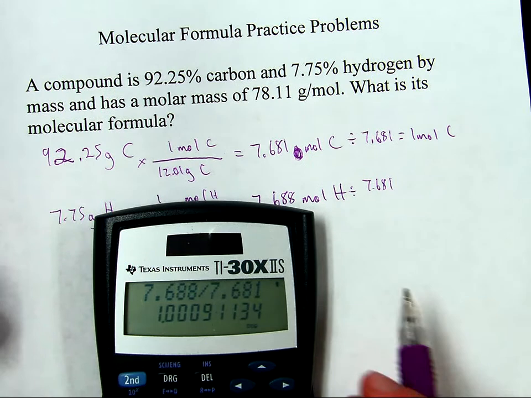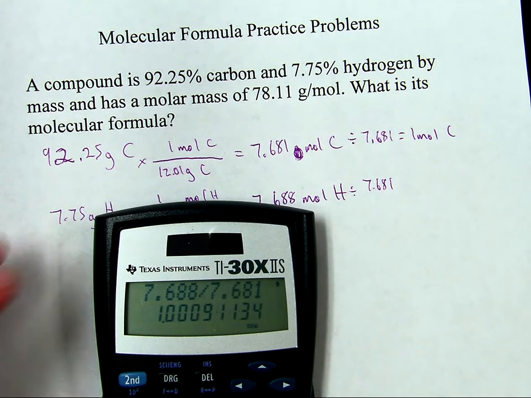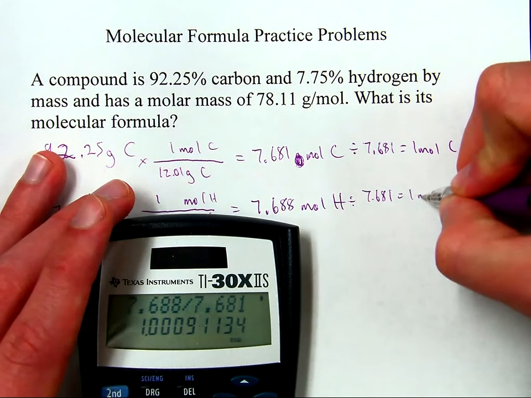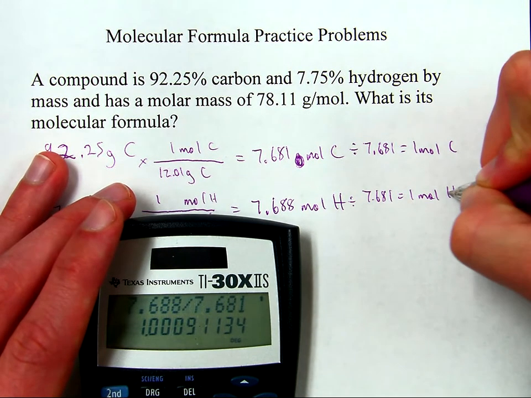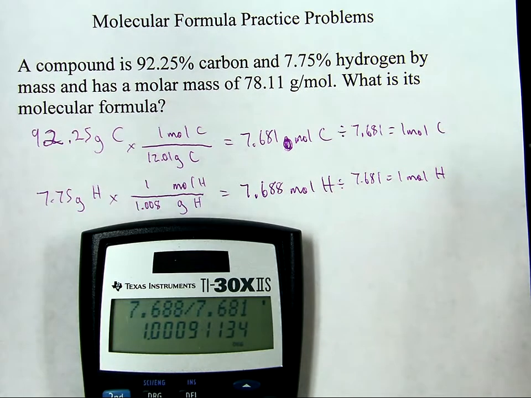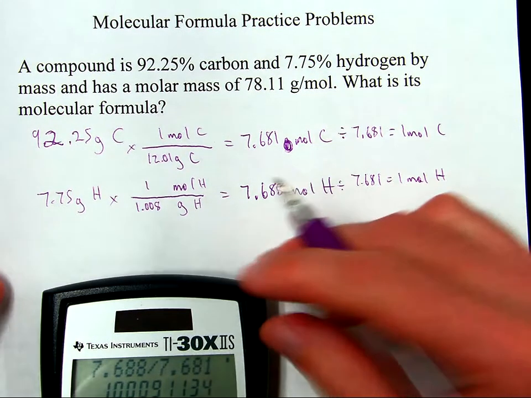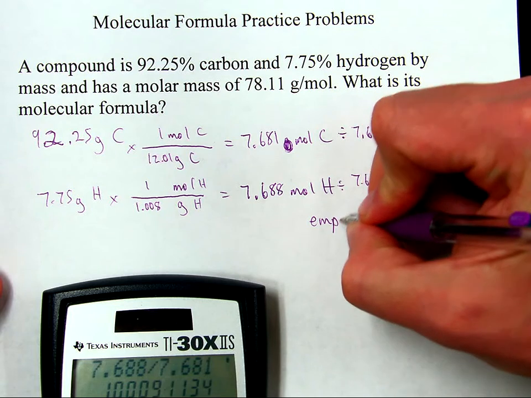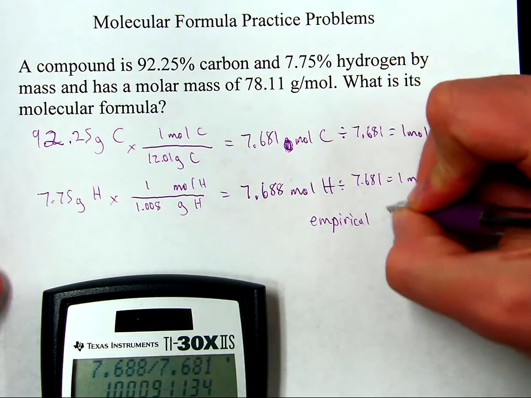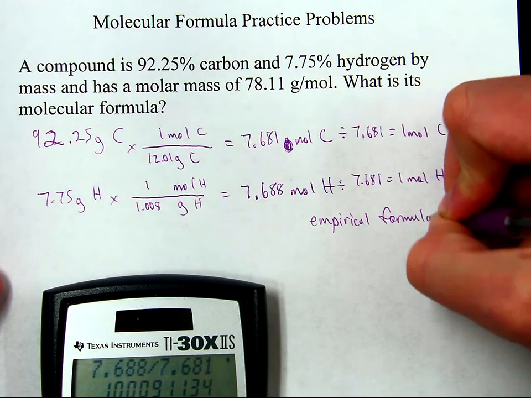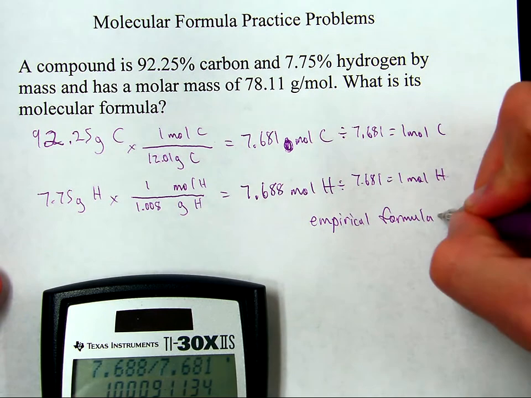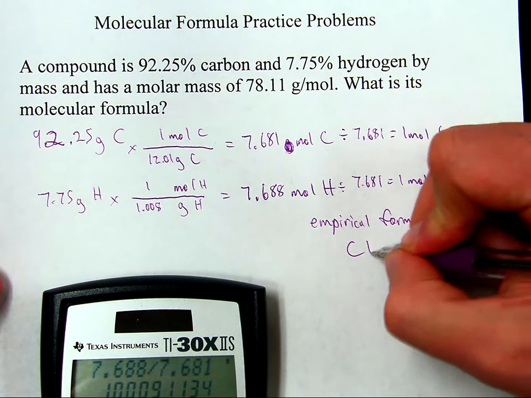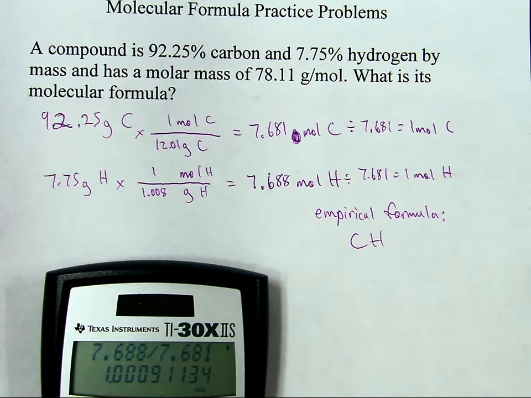Look at how close that is to 1. We can call that 1. So basically these exist in a 1-to-1 ratio, which means the empirical formula is 1 carbon and 1 hydrogen, CH. That's the empirical formula.